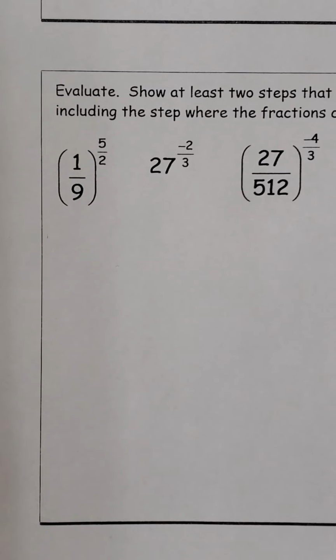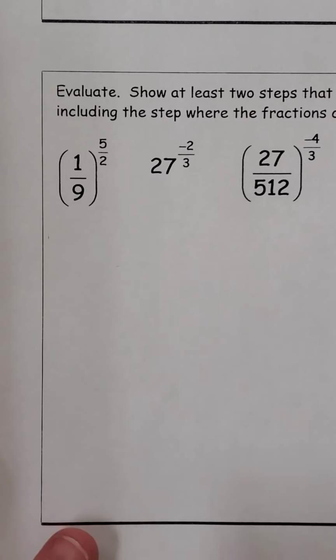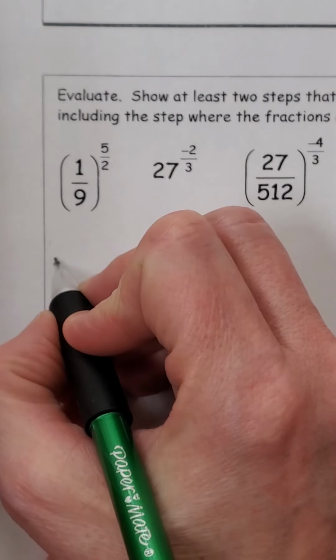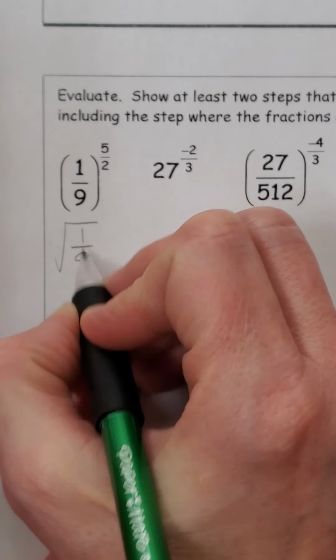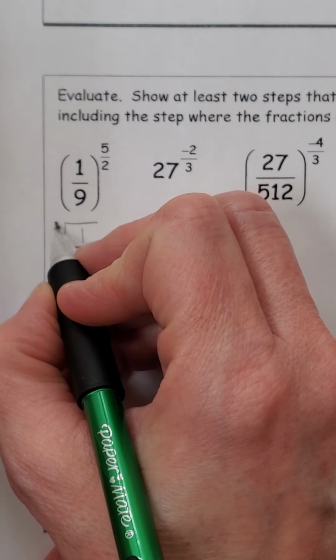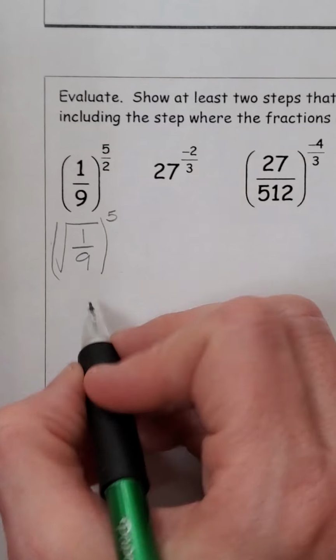Evaluate, show at least 2 steps that demonstrate understanding before your final answer, including the step where the fractions change to a common denominator. Oh, I'm thinking we're going to be adding fractions. All right. So square root of, and notice how the 1 over 9 is entirely in the square root.